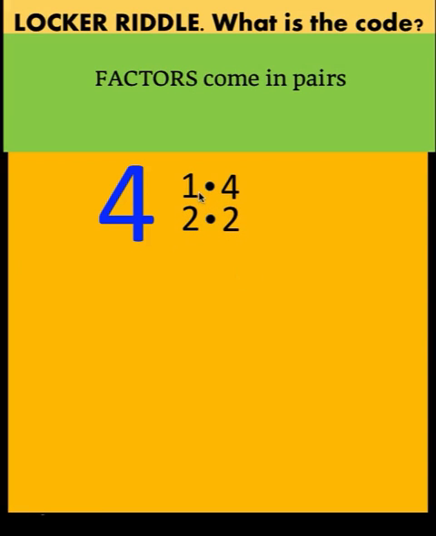But for the number of factors, we have 1, 2, and these 2 are the same numbers, so we just count it once, and therefore we have 3 factors here. That happens when we have a perfect square. If the number is not a perfect square, then we cannot have the same number multiplied together to get that number. And therefore, you will have 2 factors here instead of 1 count.